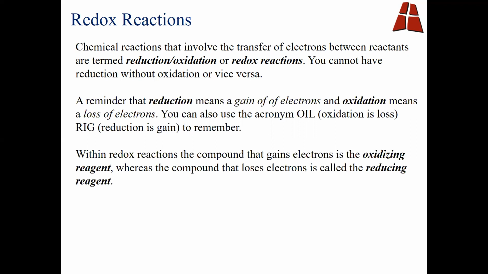Something that may be a little difficult to keep straight is that compounds that gain electrons as reactants are called oxidizing reagents, in that because they are reduced, they do the oxidizing, whereas compounds that lose electrons are called reducing reagents.